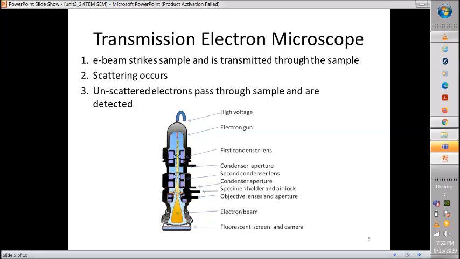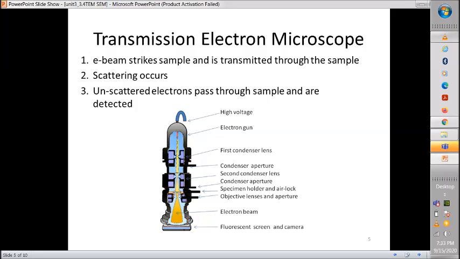On the condenser aperture, adjustment knobs are present, and with these we can change the strength of the signal, that is, the frequency or wavelength of the beam passing through. Then the second condenser lens is present. Here also we straighten the path, avoiding deflection of the electrons.